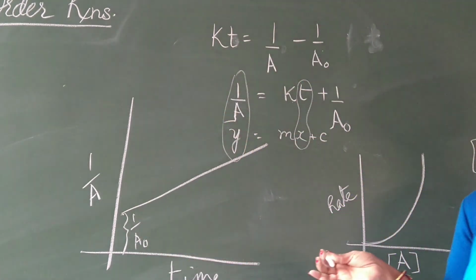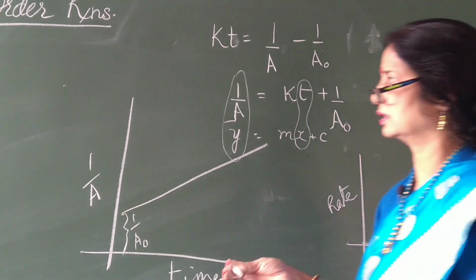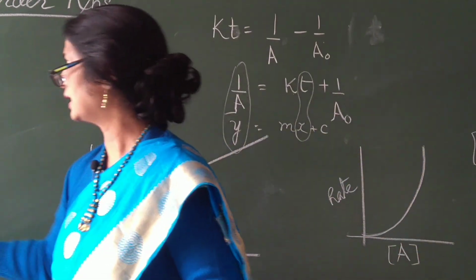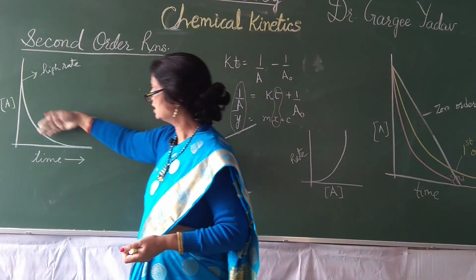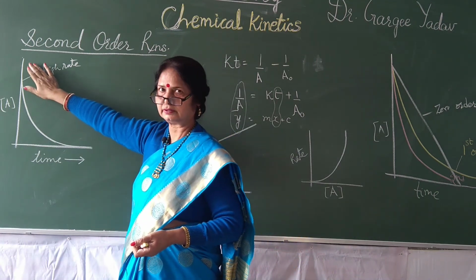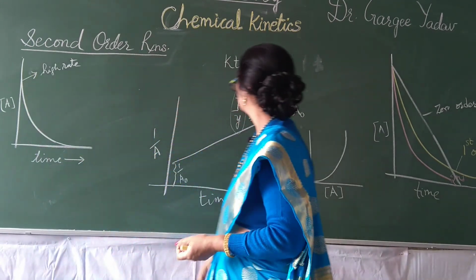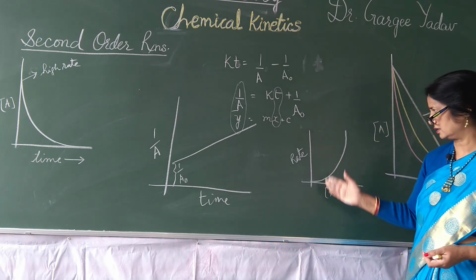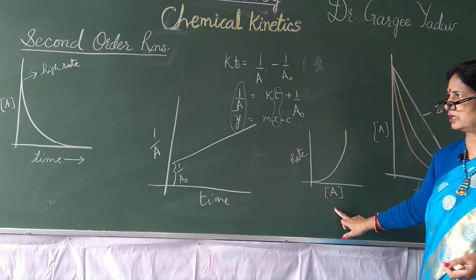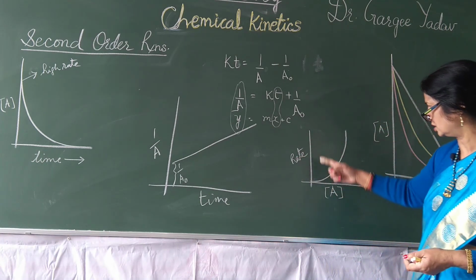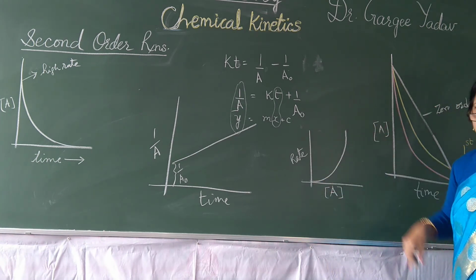Some more graphs can also be sketched, like the graph between the concentration and the time. It will be somewhat like this, with a high rate on the y-axis over here. One more graph can be sketched between the rate and the concentration. Here I have taken rate and concentration, and the graph goes exponentially in this form.